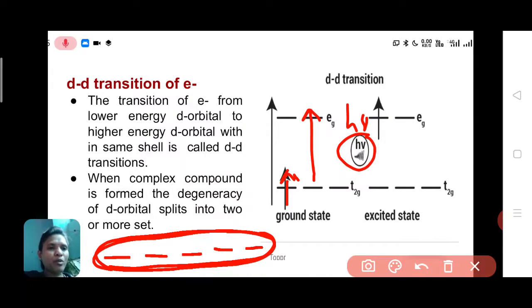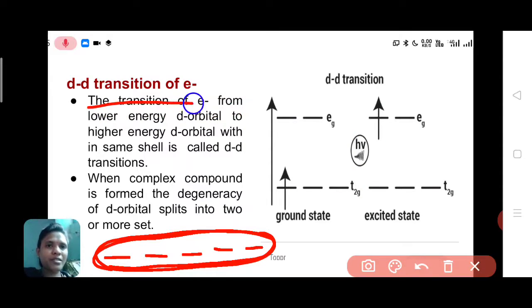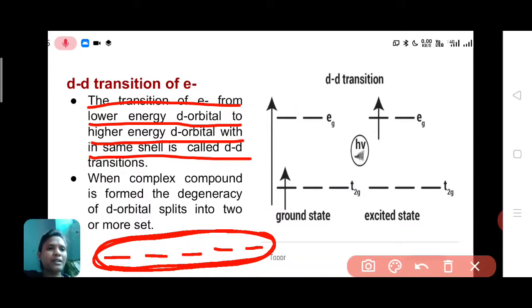The promotion of an electron of a d orbital from lower energy level to higher energy level is called d-d transition. So what is d-d transition? The transition of an electron from a lower energy d orbital to a higher energy d orbital within the same shell is called d-d transition.